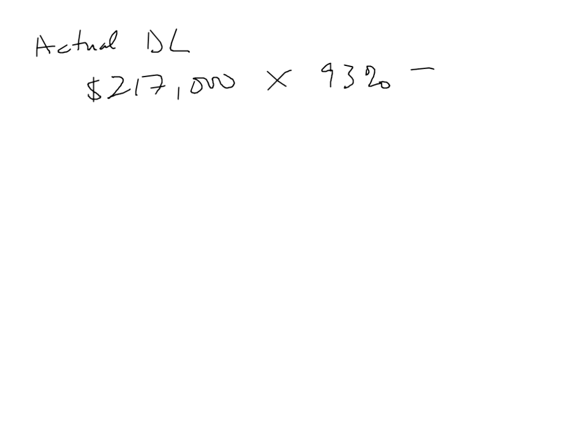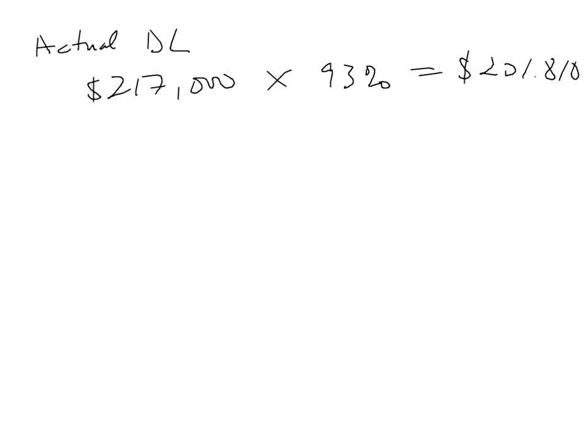Well, we're going to take the actual direct labor, which is 217,000. If you look at journal entry number 6, there was 217,000 in direct labor, and we're going to multiply that by our 93% overhead rate, and that gives us 201,810.